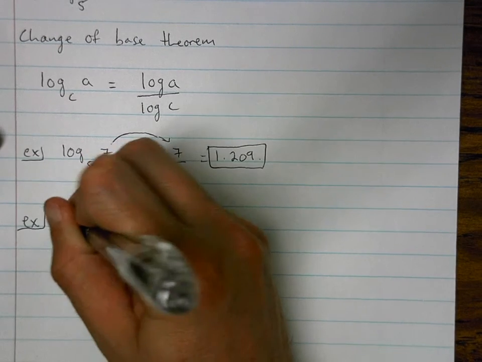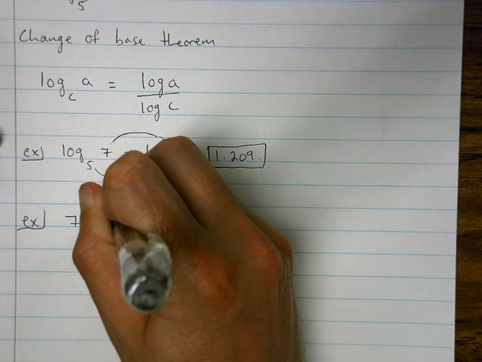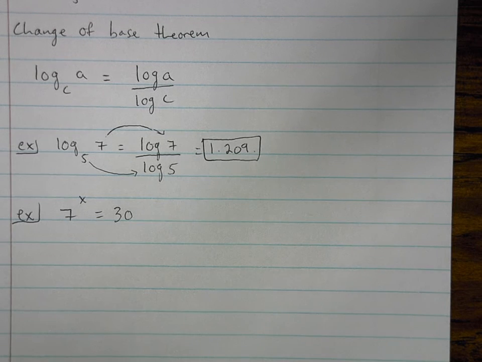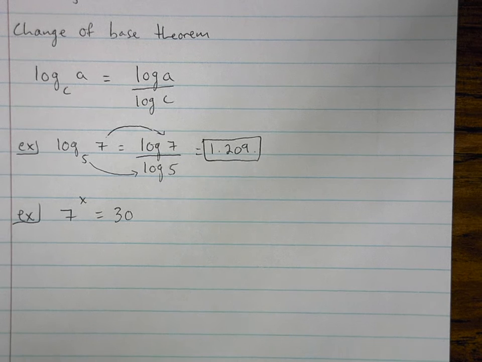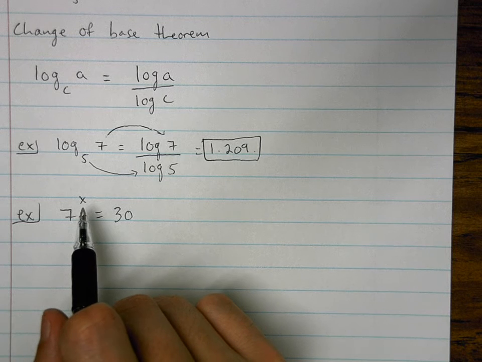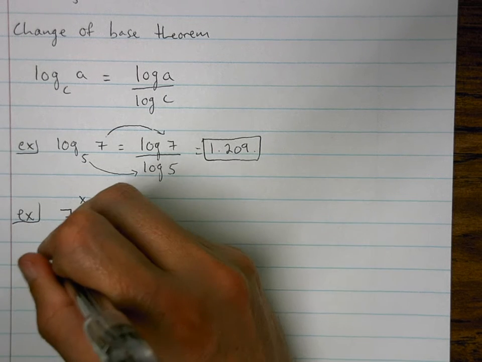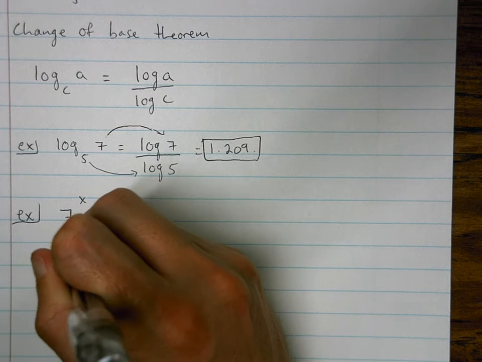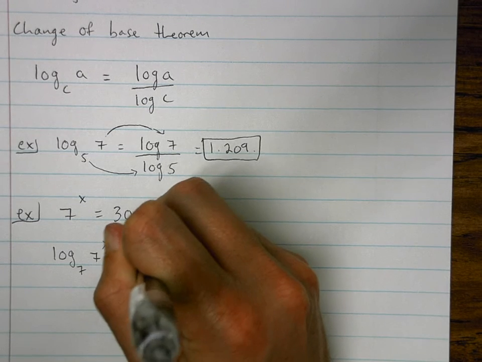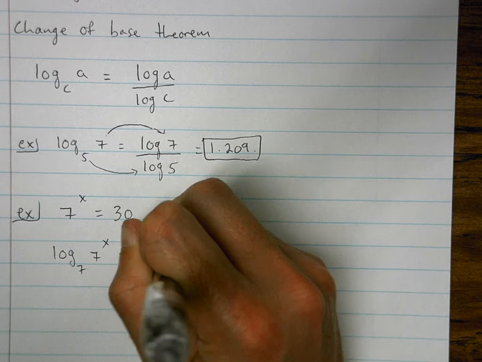We get 7 to the x power equals 30. So we want to get x down out of the exponent. To get this out of the exponent, I'm going to take the log of both sides. So this is going to say log base 7 of 7 to the x power equals log base 7 of 30.